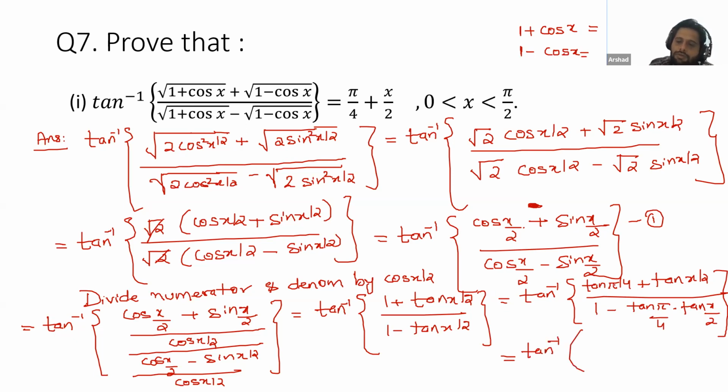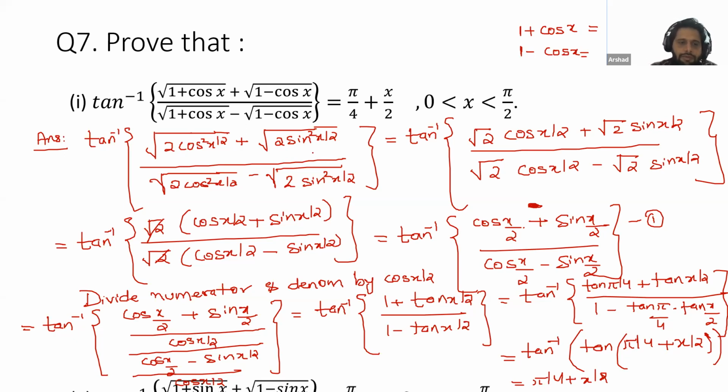In the bracket, what is this? Tan A plus tan B by 1 minus tan A tan B. We have already done the same type of question before. So this will give you pi by 4 plus x by 2, and this will give you pi by 4 plus x by 2. I hope this is clear to everyone. Please note down this, confirm to me, then we will start the next question.